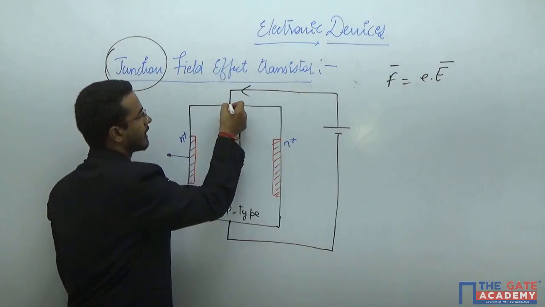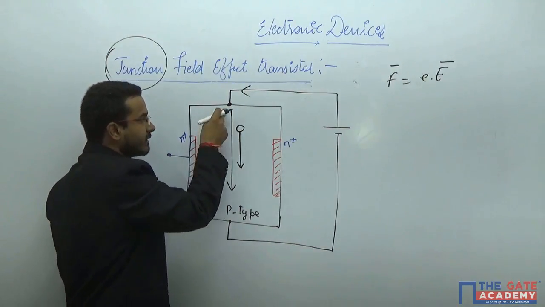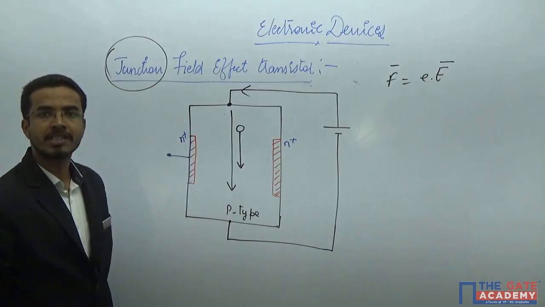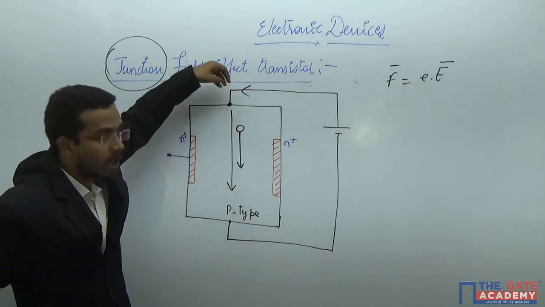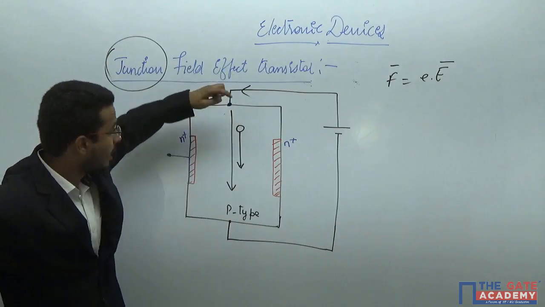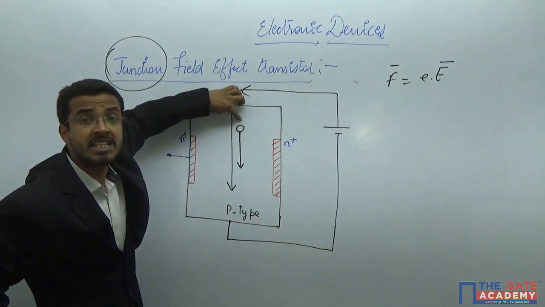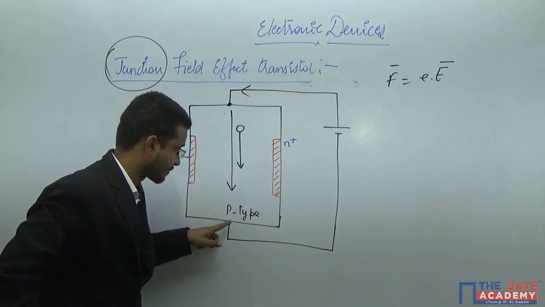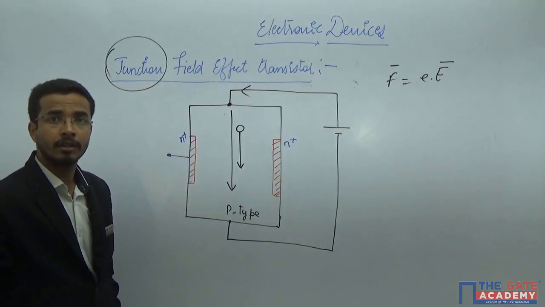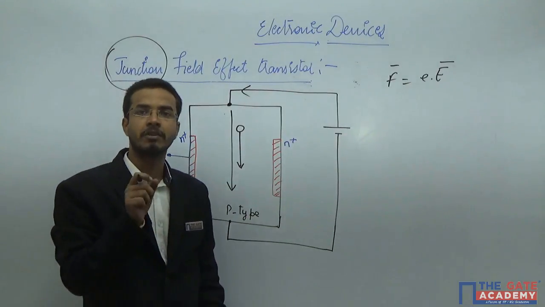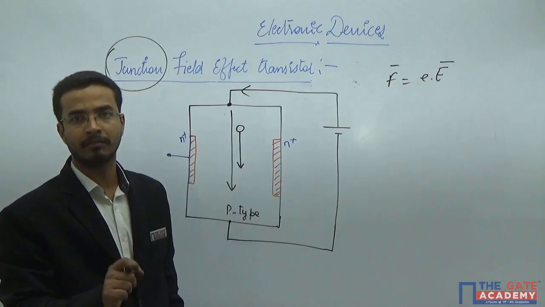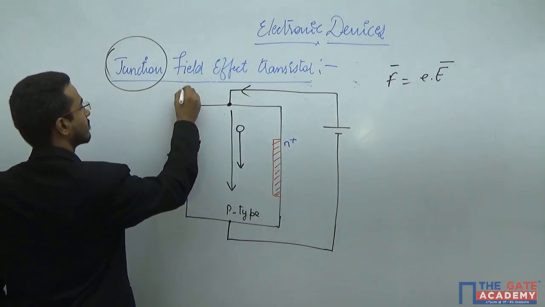Now see the terminal characteristics. This is the terminal which is providing the hole to the device. And what is the hole here? Majority charge carrier of this particular substrate. Yes or no? That is why the terminal which provides the majority charge carrier to the device is known as the source.